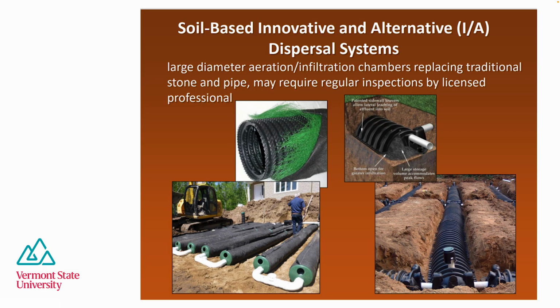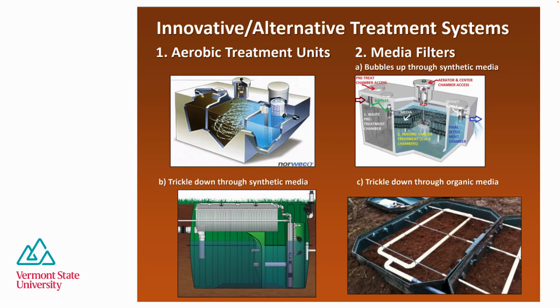For example, use of an IA system can significantly shrink the size of the leach field you might need. These are examples of soil-based innovative and alternative dispersal systems. These include large diameter aeration and infiltration chambers, replacing traditional stone and pipe. All IA systems require regular inspections by approved professionals.